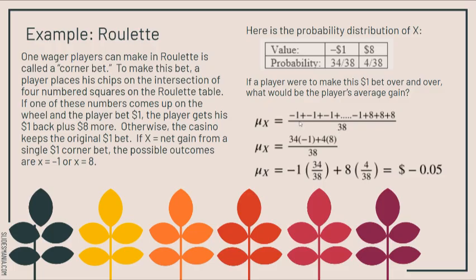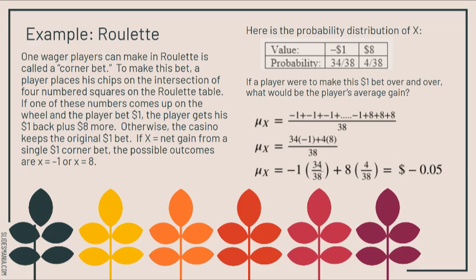So to find the average, you would add these up and then divide by the 38. An easier way to write it would be 34 times -1, plus 4 times the $8 profit, out of 38.